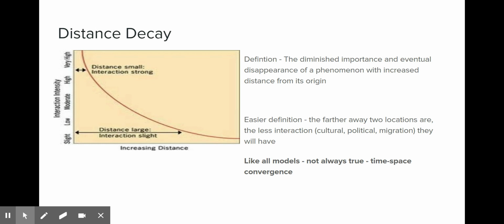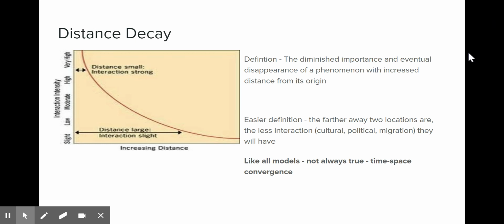We will come up with plenty of examples in which that is true, but also some where that's not true. There's going to be an opposite term called time-space convergence, which you don't need to know right now, but basically says that with all of the increased elements of globalization like travel and the internet and other forms of global media, this is becoming less and less true. And you can come up with plenty of examples of that.